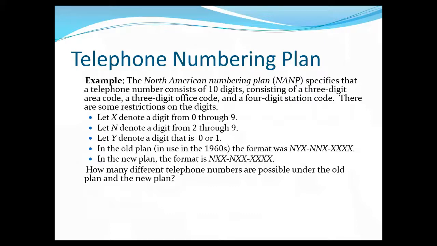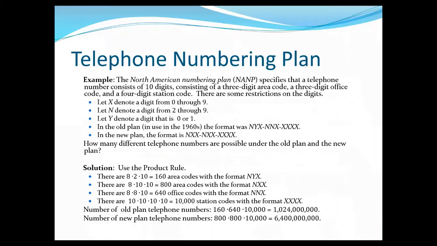So how are we going to do that? We're going to use the product rule. Since we know the number of ways for N, for Y, and for X, we just multiply them, and then we have the number of ways of representing a telephone number in North America. Let's define first NYX.